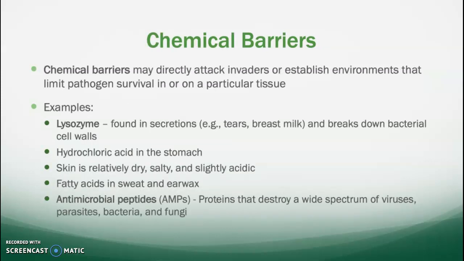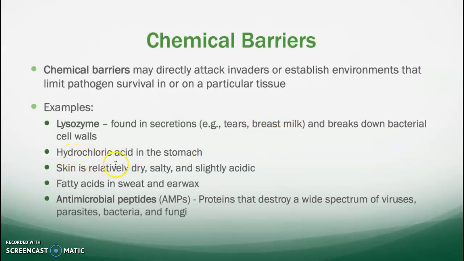We also have chemical barriers, which can directly attack the invaders or make the environment inside your body, in places, or on your body so inhospitable that pathogens can't survive in or on a particular tissue. I gave the example of lysozymes earlier. These are found in secretions like tears, breast milk, saliva, and they can break down cell walls.